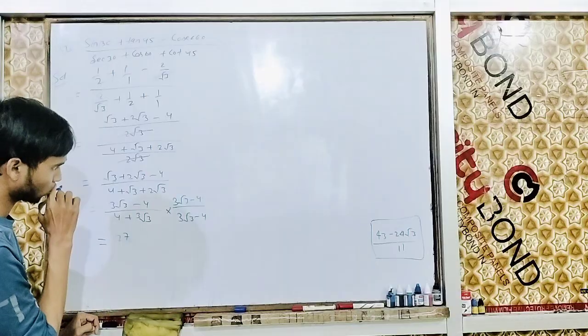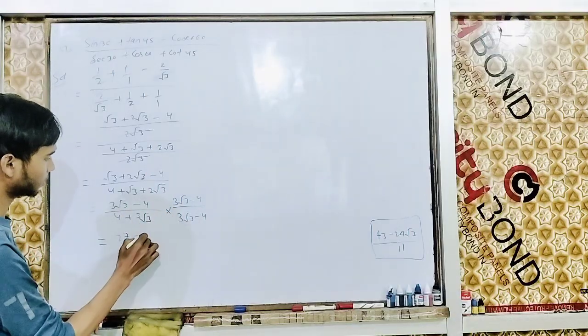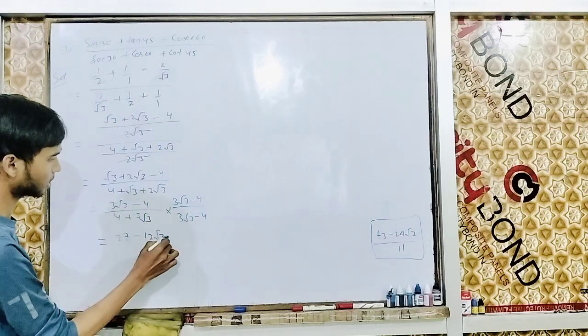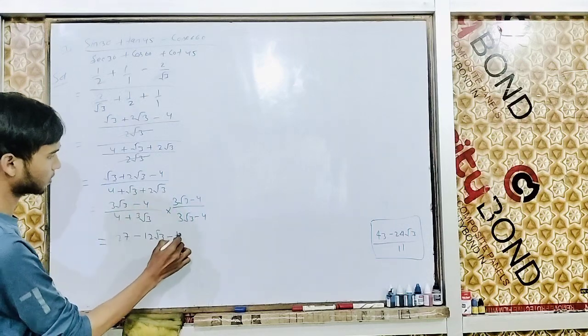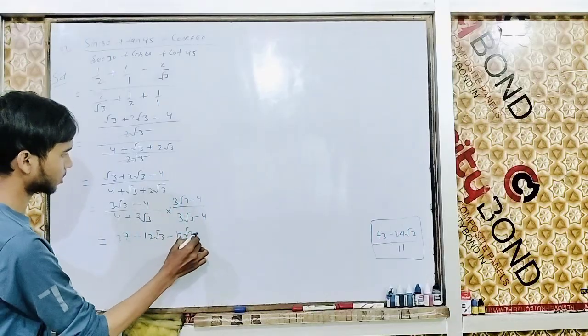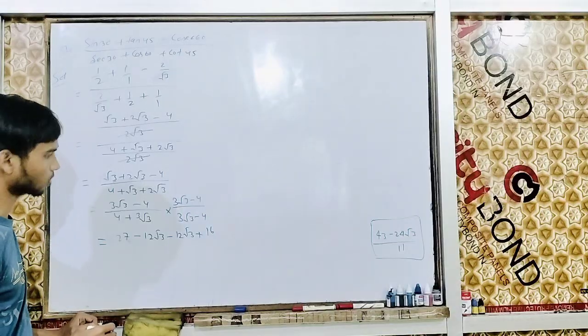Okay. Then minus 4 3 is a 12, and root 3 as it is. Then here minus 4 3 is a 12, root 3. Then plus 4 4 is a 16. That is how you will solve it.